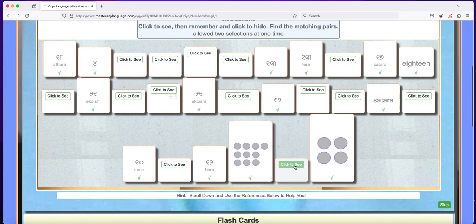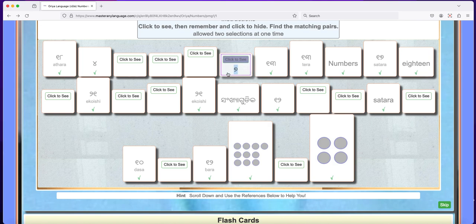Yeah, so Chad, let's see, this is satara. So this is 70. 70 is nashatiye. I think this is numbers. I don't know what that says, but this is 7 then.